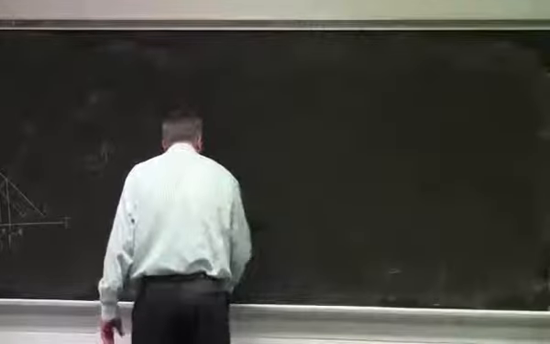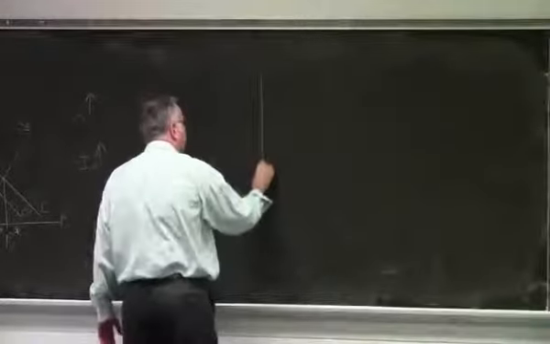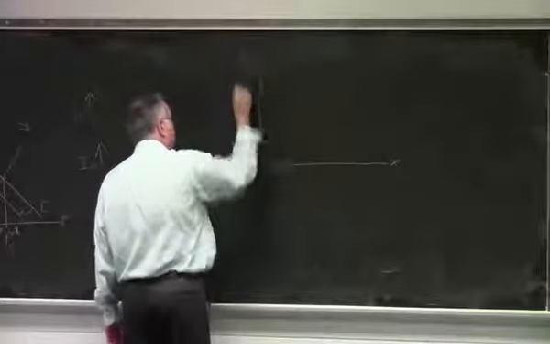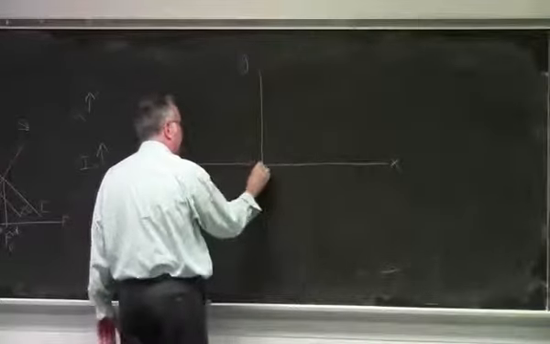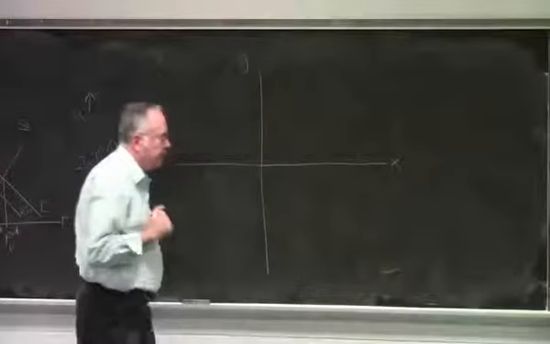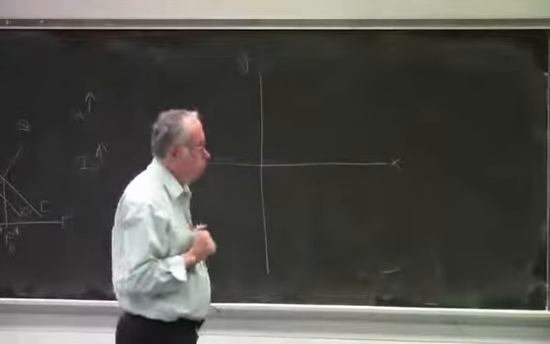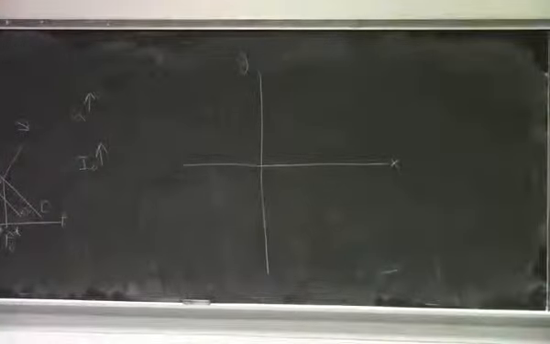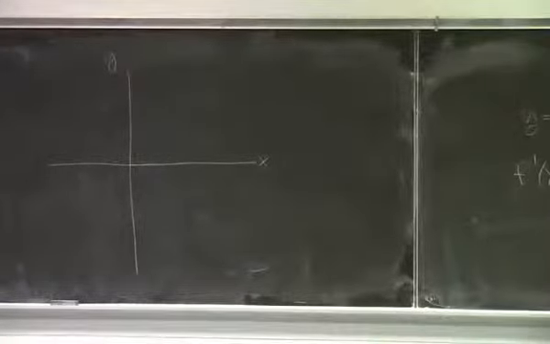So, from what we know already, we know the general shape of this function, don't we? This is a quadratic function, and it's going to be U or upside down U? It's going to be U-shaped because the coefficient of x squared is positive.